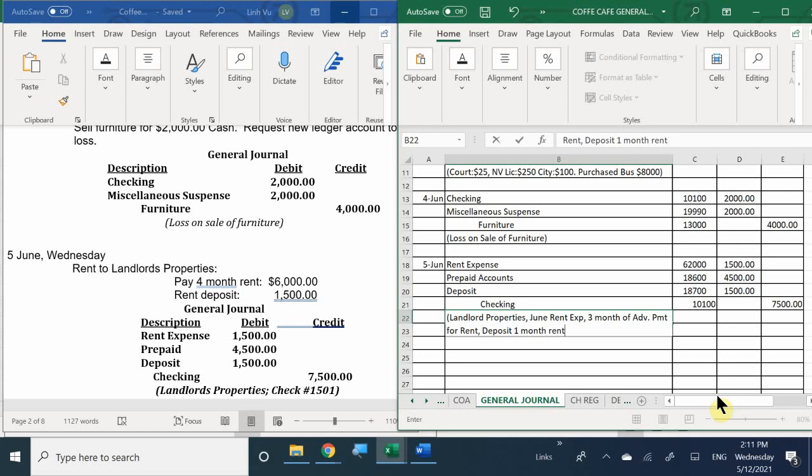Okay. And then, of course, you always want to keep track of what check number you've written. And in this case, I've already written it for you.